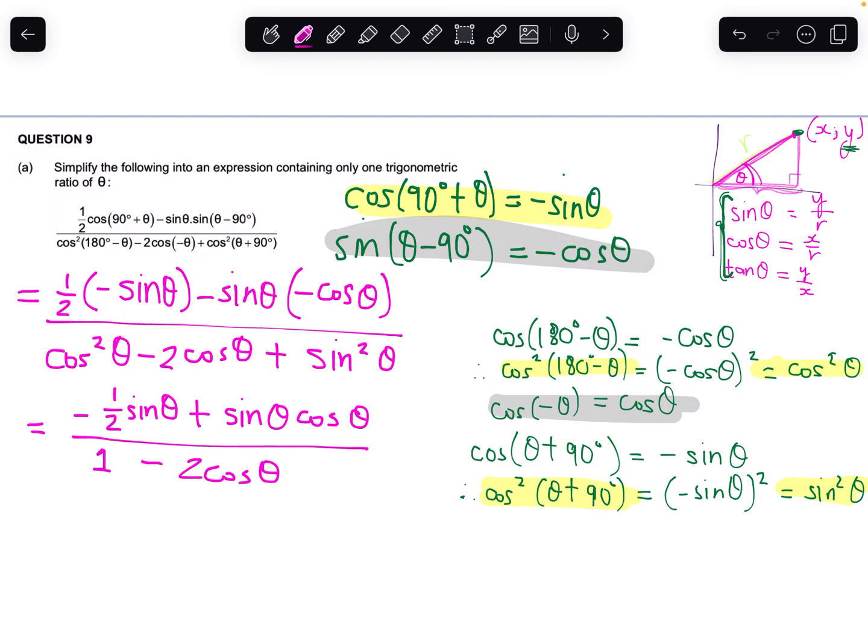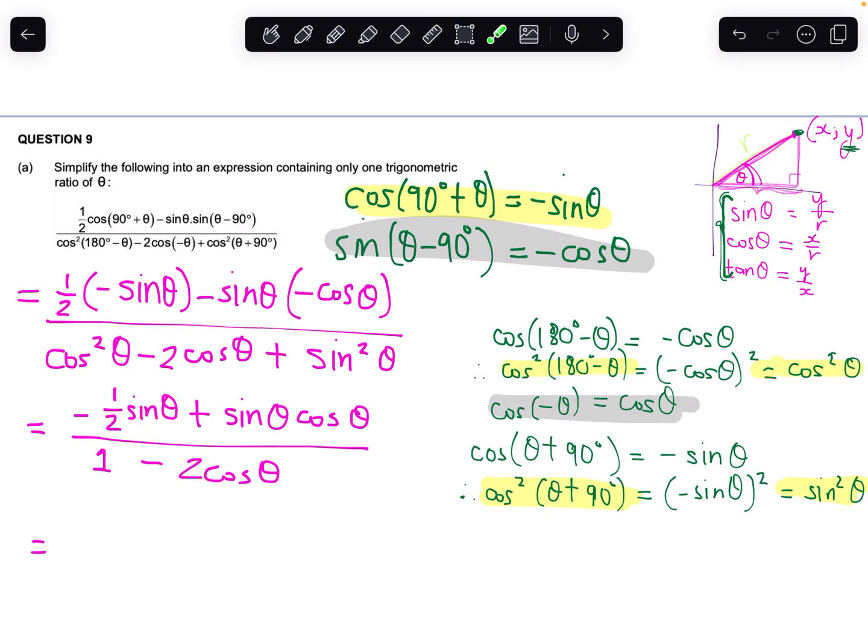I'm going to then factor out, so I see that there's a difference down here, and yes, there's a common factor of sine theta here. So if I factor out sine theta, I'm going to be left with minus a half and plus cos theta here. So it looks like there's going to be an opportunity maybe to cancel things out.